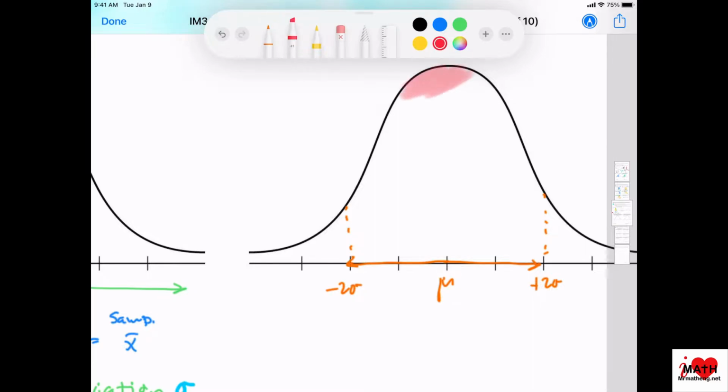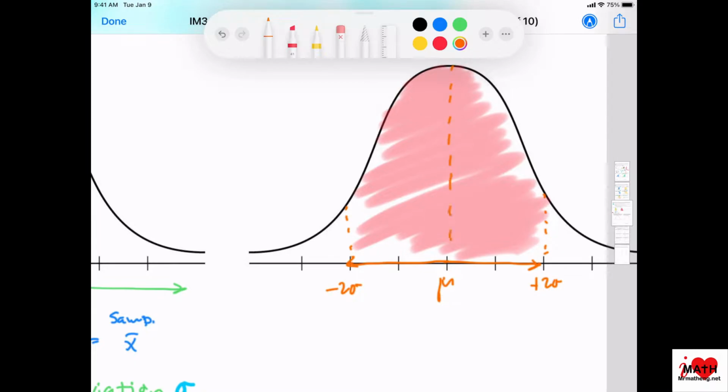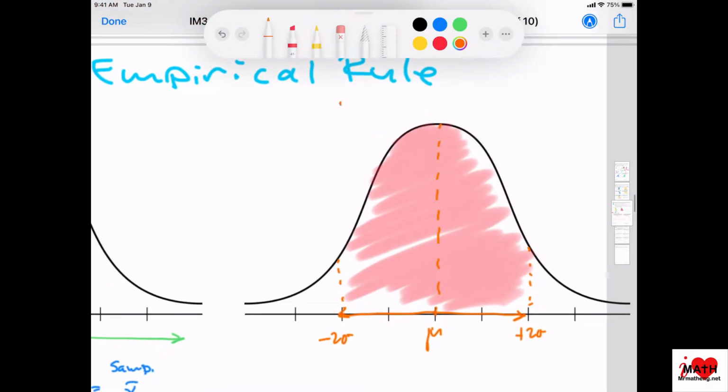This area, I forgot to draw the mean. So total, this whole area is going to be 95%, in red, the shaded red area. And if you divide 95 in half, you will get 47.5% each. So the left side is 47.5, the right side is 47.5, and if you add the 2 reds together, you get 95%.